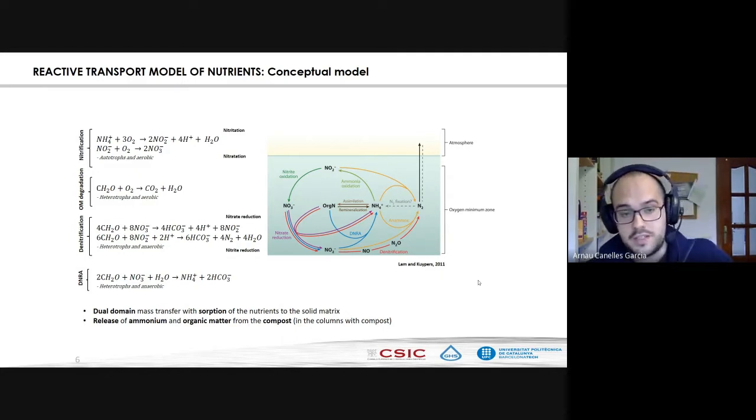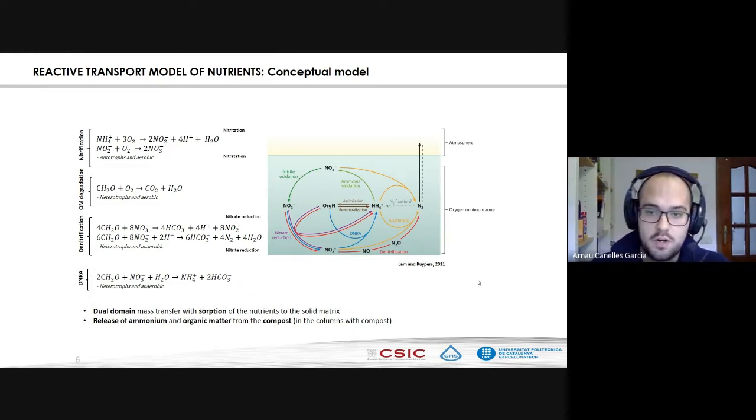We wanted to test if these columns had different compositions of compost or sand, how did this affect the degradation of generic nutrients or emerging organic contaminants? That's the meaning of EOCs, these emerging organic contaminants. Mainly what we considered in these cases were the cycles of carbon and nitrogen for the nutrients, and for the emerging organic contaminants, we'll see the 5 contaminants that have been taken into consideration.